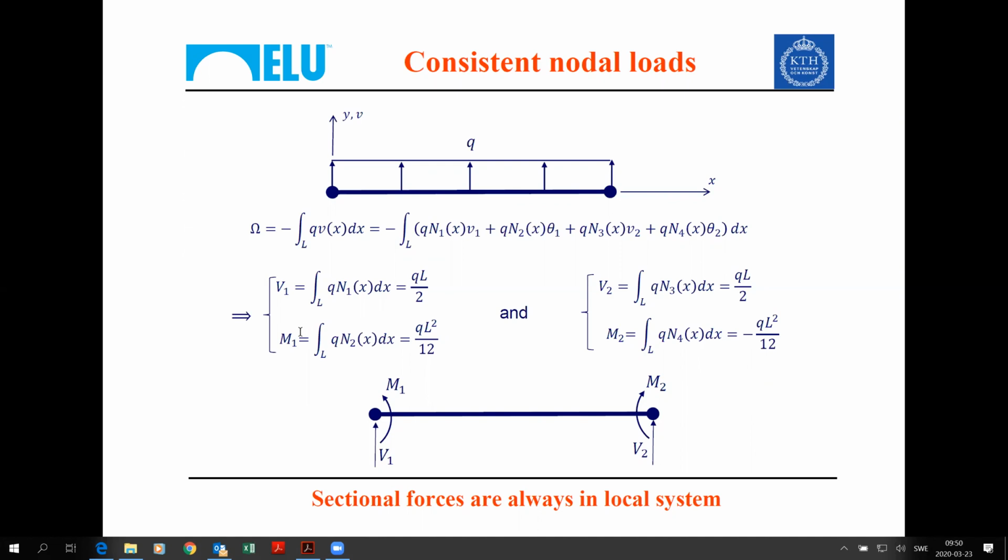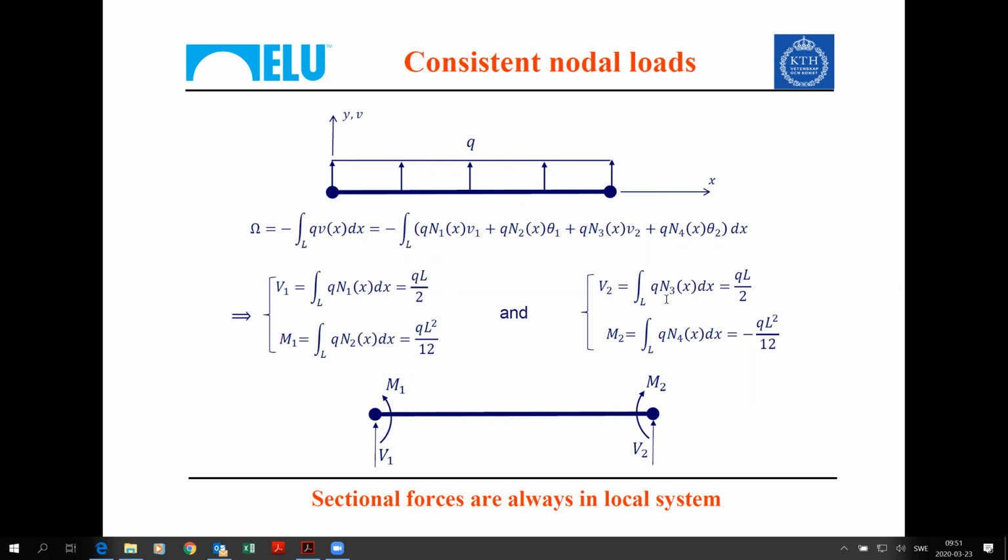The moment involved in the consistent nodal loadings would be the integral of Q times N2 of x dx. It's normal because the moment energetically is consistent with the rotation theta 1. And performing the integral, since we know N2 of x, it's a third order polynomial, we can integrate it. If we perform the integral, it's QL squared over 12. Then we move to the other end.